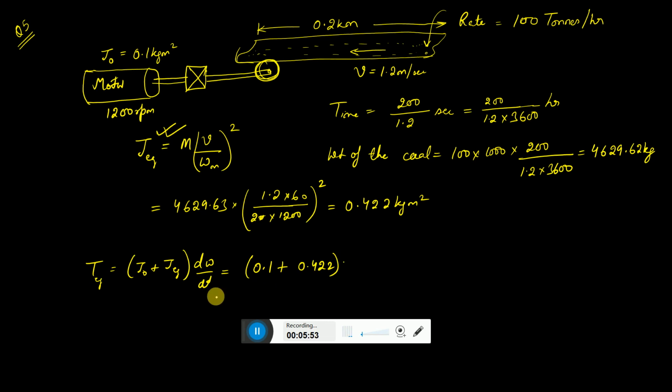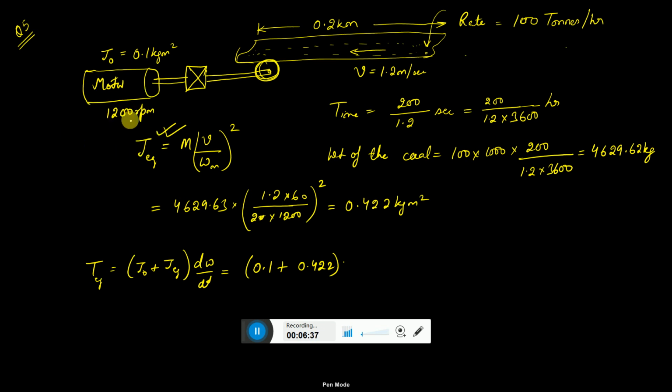What is d omega by dt here? Let us find out. To get this rate of acceleration, let us not take the velocity over here because we are talking about the inertia, so it is about the motor.